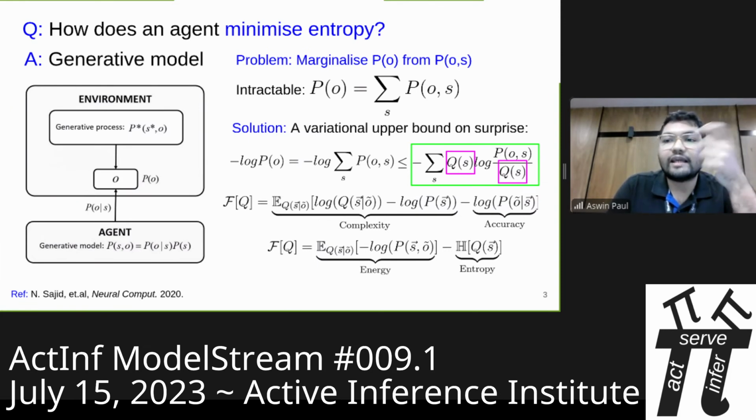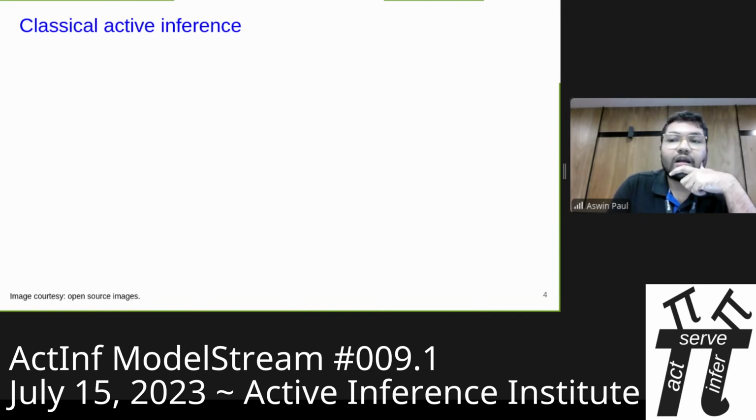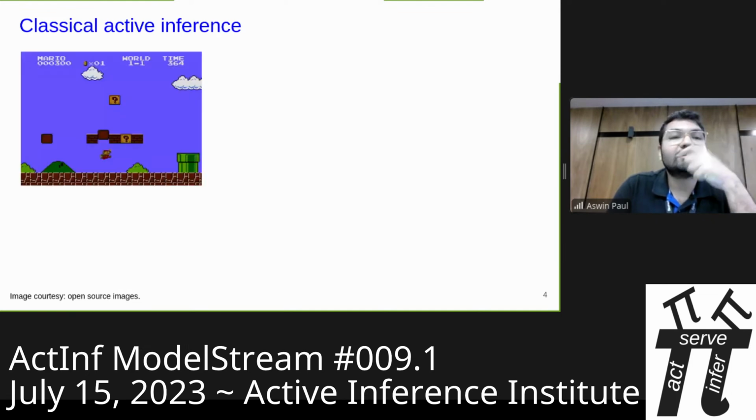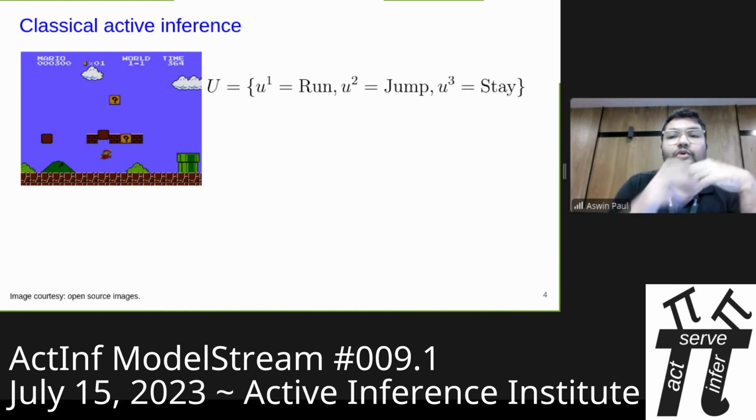So how do you do vanilla decision making, or what is the most discussed idea of decision making in classical active inference? If you are in an environment and you're an agent trying to make decisions, then you have a space of available actions, right?